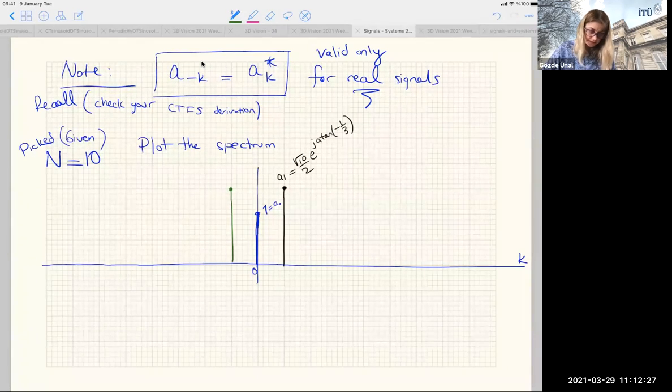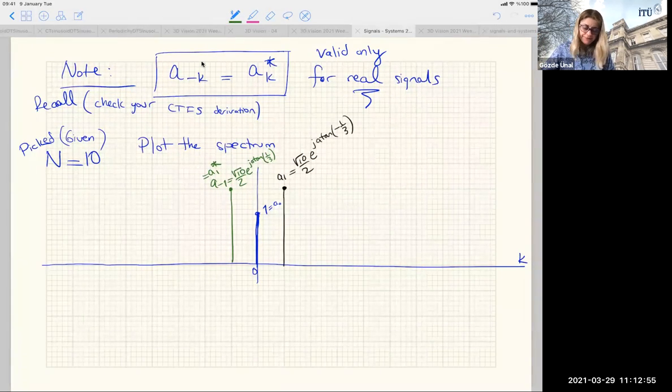A minus 1 is really then e to the minus j arctangent minus 1 over 3. You can check the math here if you want. This is really equal to A1 conjugate, right?